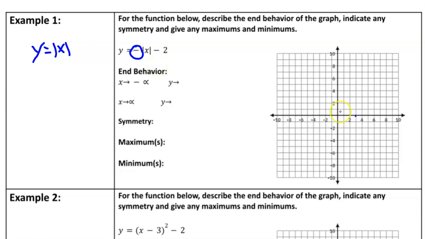So here's our parent function right here. I like to do it in dashed.